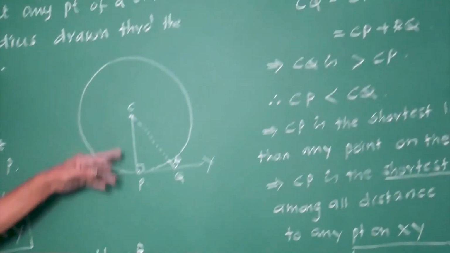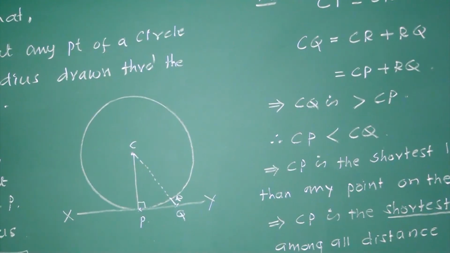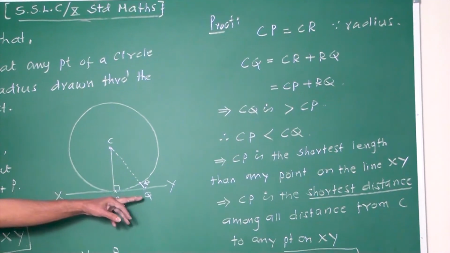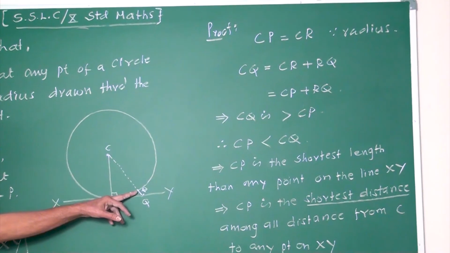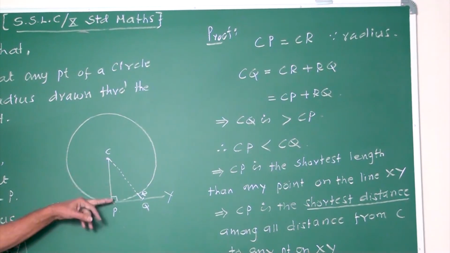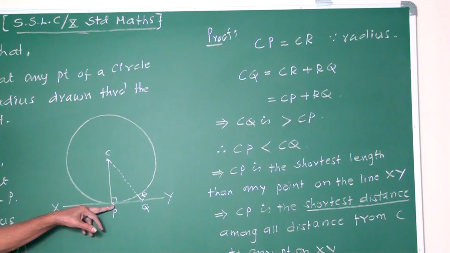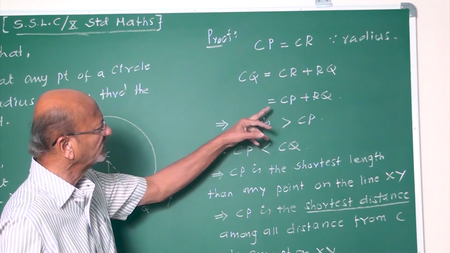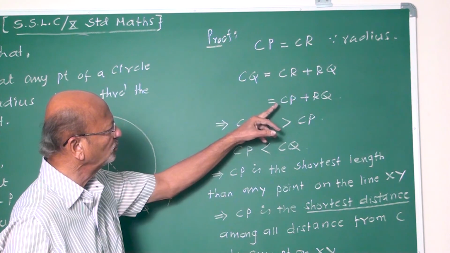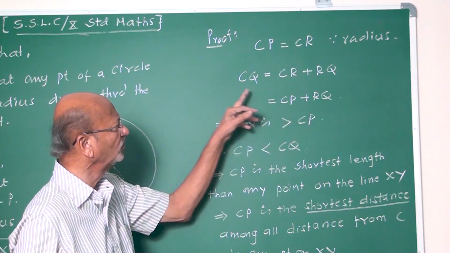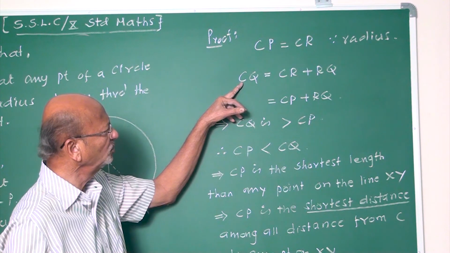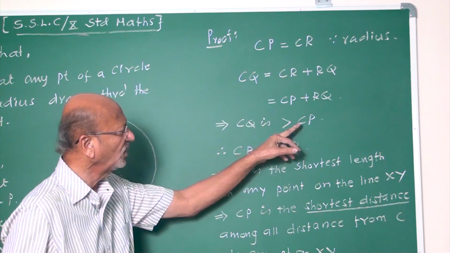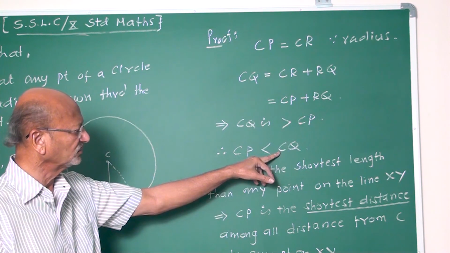Now, CP equal to CR. Both are equal because they are radii of the circle. Now, CQ equal to CR plus RQ. But what is CR? CP. CP plus RQ. Then clearly CQ is greater than CP. Why? CQ equals CP plus something. Therefore CP is less than CQ.